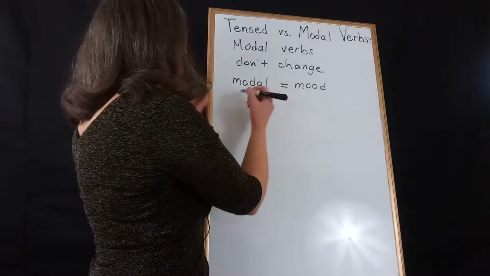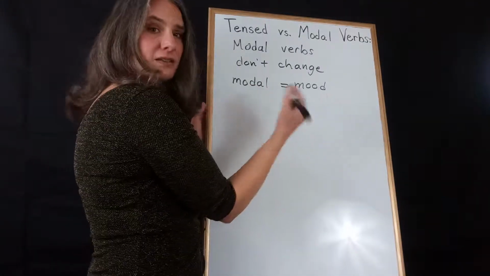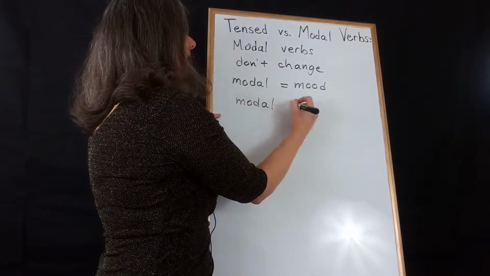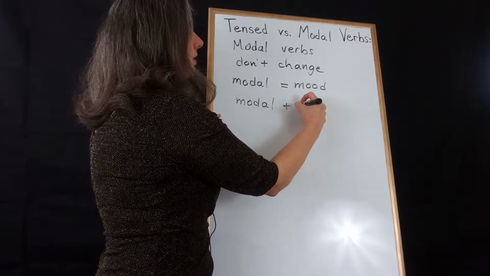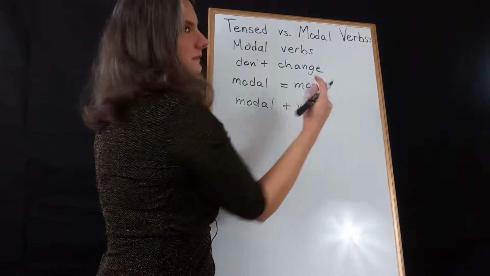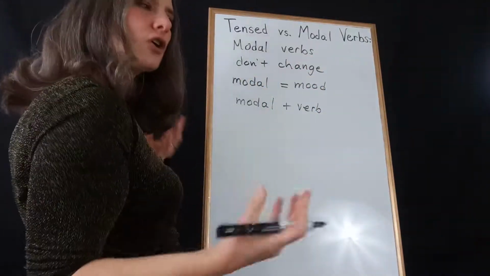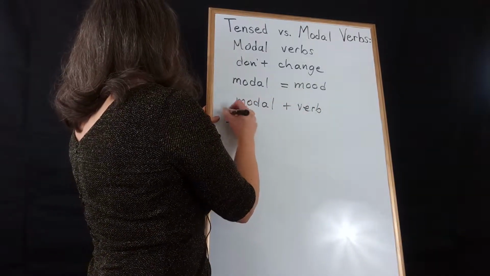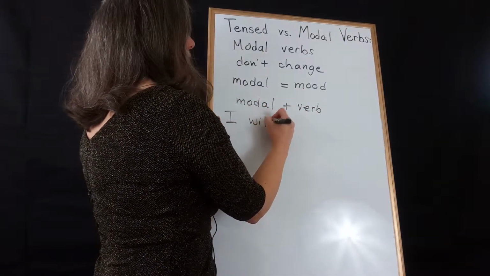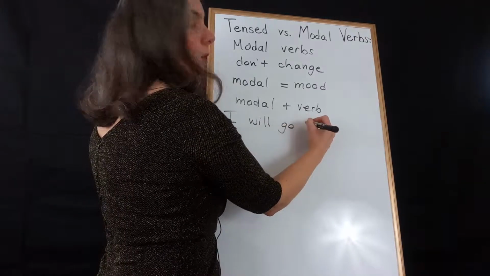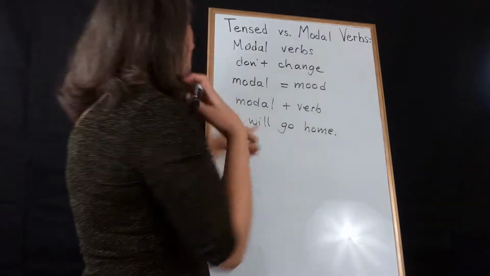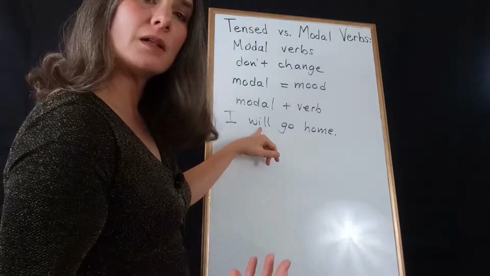So modal verbs, the way we make these is we use a modal, and then we put the action or the verb that tells you what's going on next. So for example, I will go home. This is my modal, will.